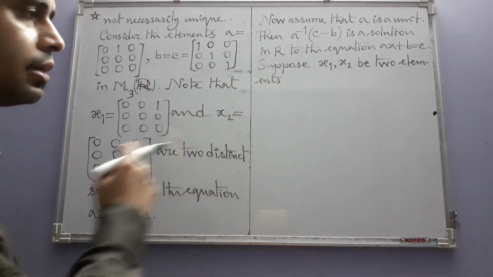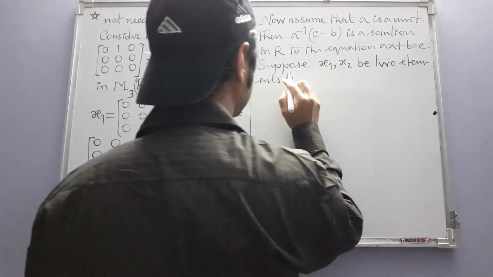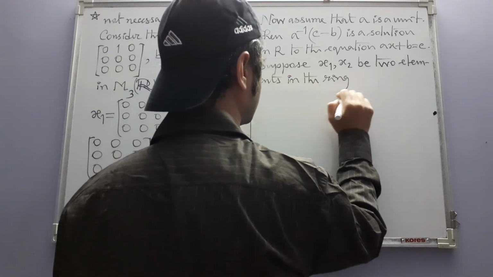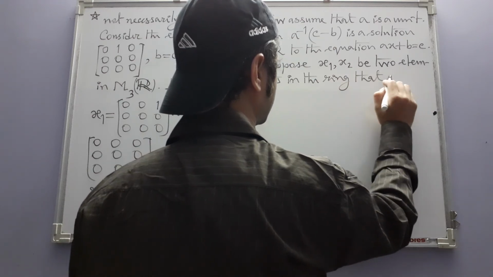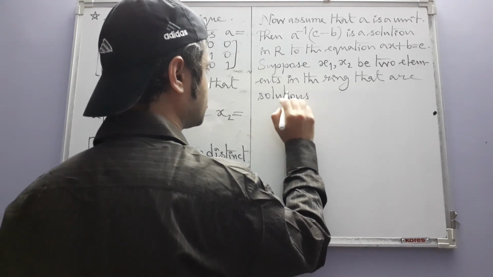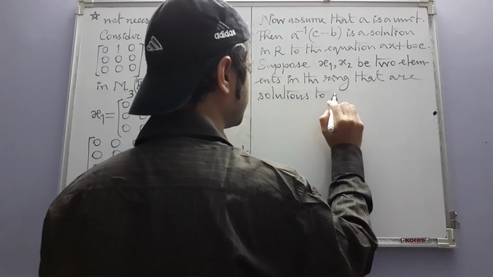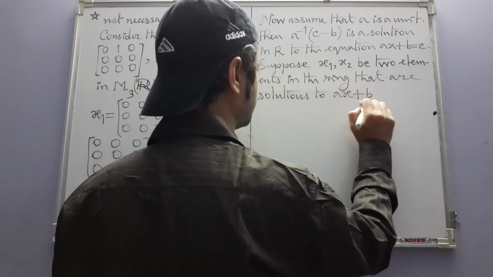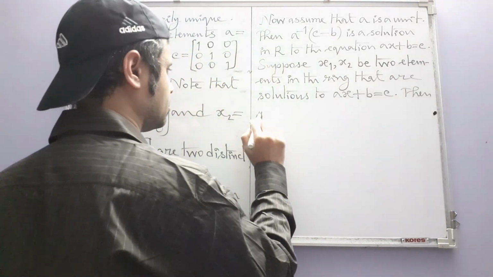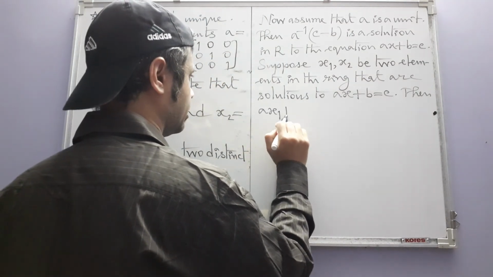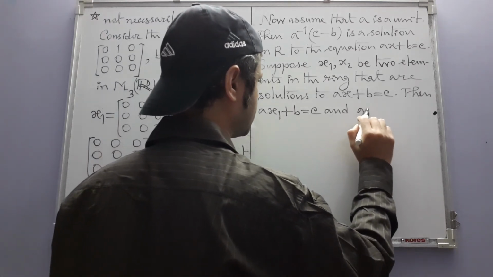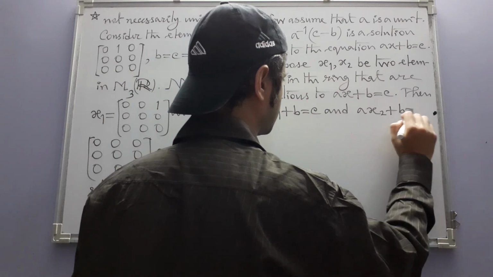You have to unnecessarily write so many things. Be two elements in the ring that are solutions to Ax plus B equal to C. Then that means what? Ax1 plus B is equal to C, and also Ax2 plus B is equal to C.